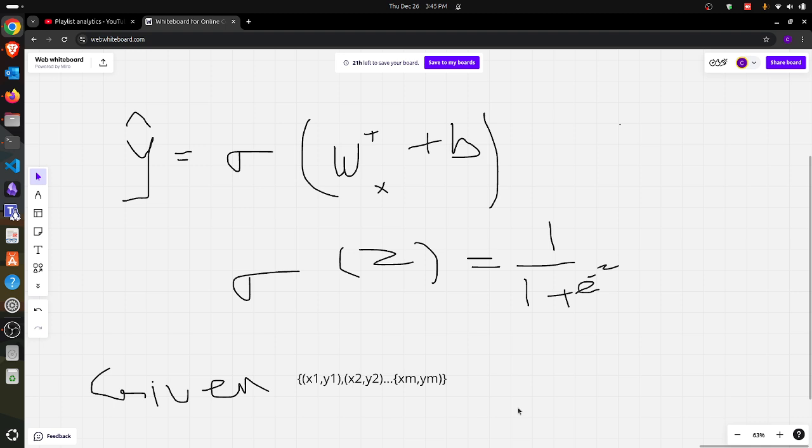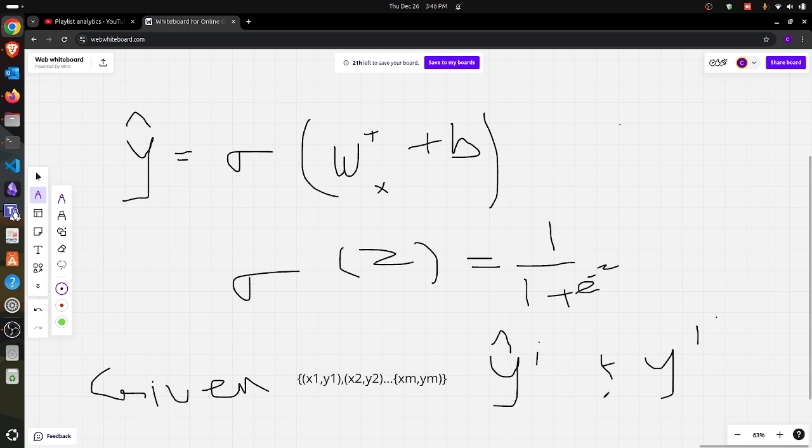Where we want y hat. To learn parameters for the model, we are given these training examples, and it seems natural to find the parameters w and b.